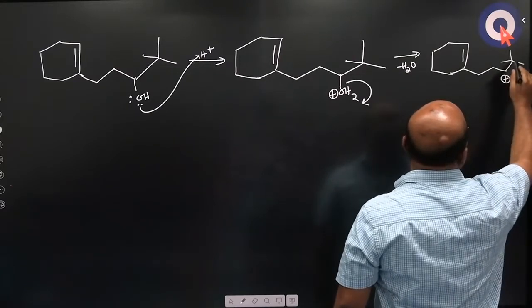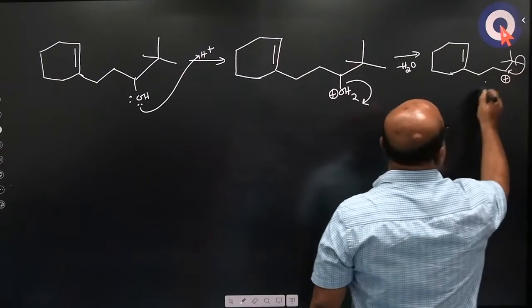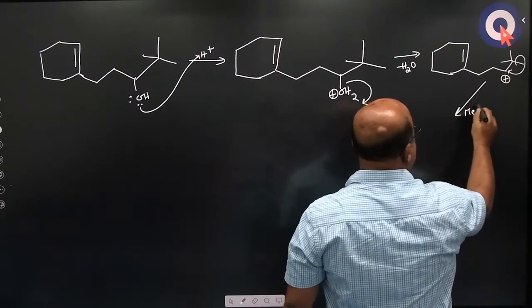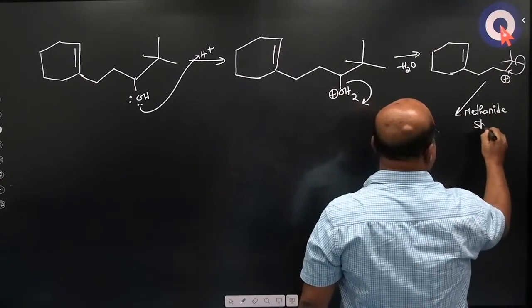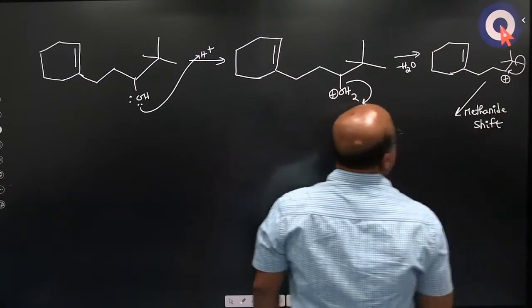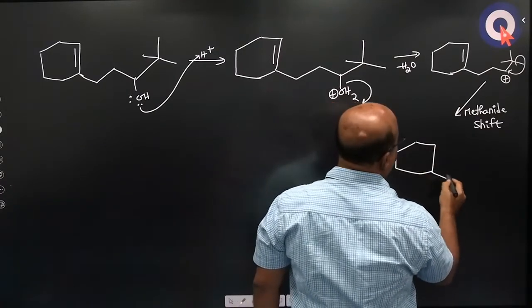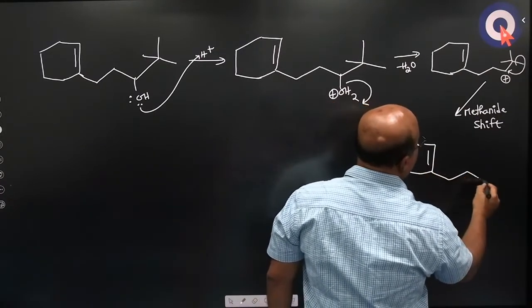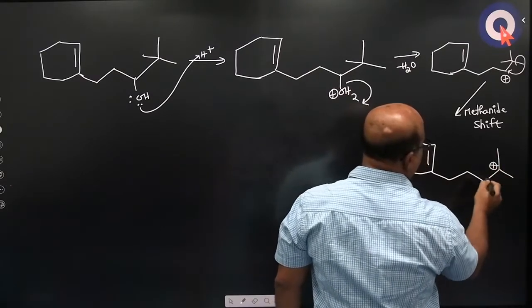But one of the methyl groups shifts from here to here. So a methanide shift takes place, and one of the methyl groups is shifted here.